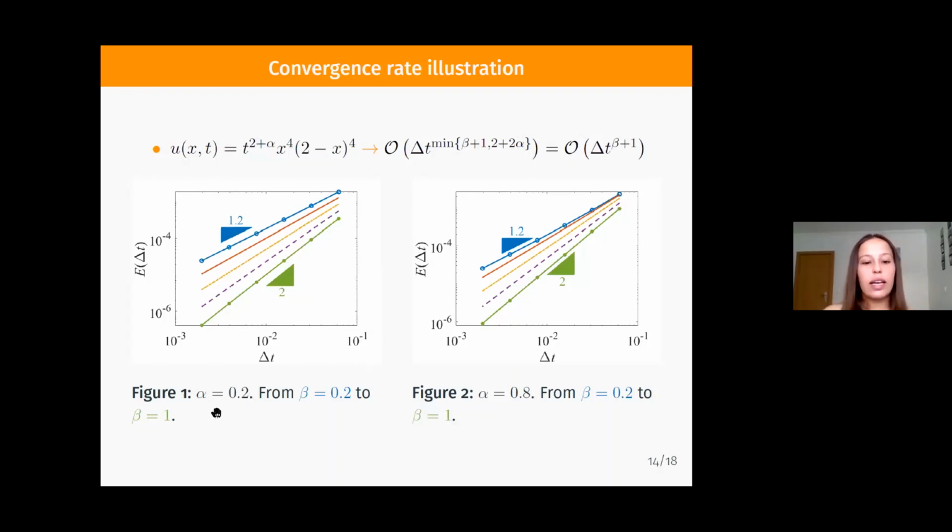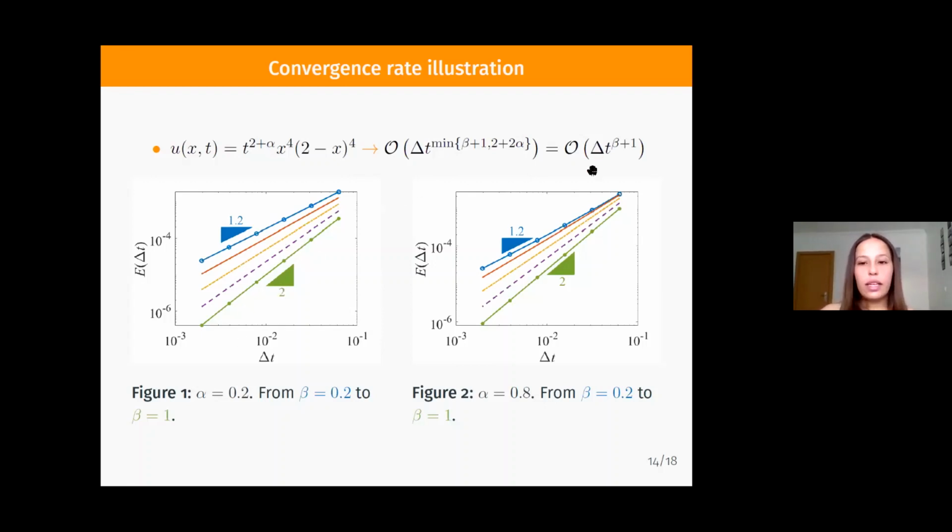At the left, I have the results for alpha equal to 0.2, and at the right side, I have the results for alpha equal to 0.8. In the blue lines, I have the results for beta equal to 0.2 in both of them. In red, I have the results for beta equal to 0.4, and so on until beta equal to 1.